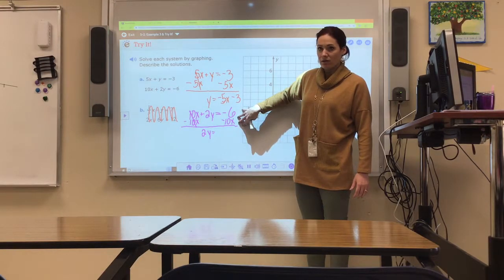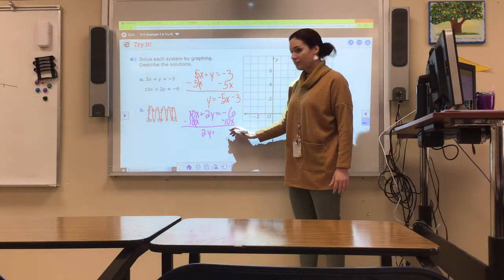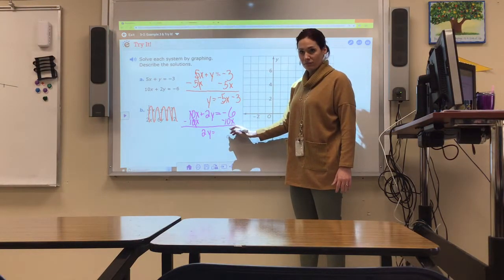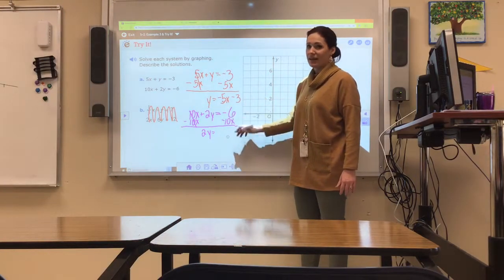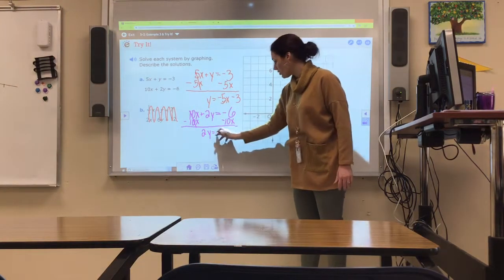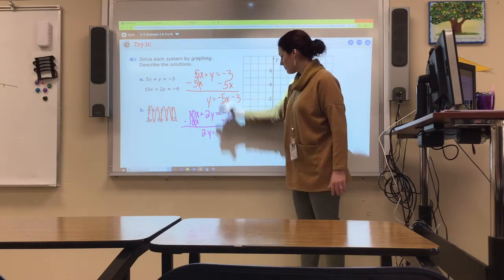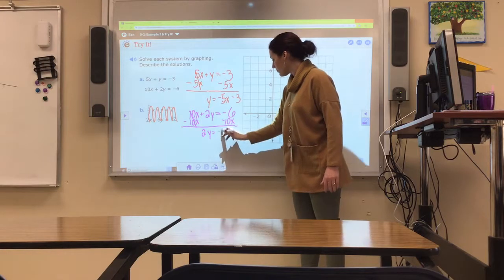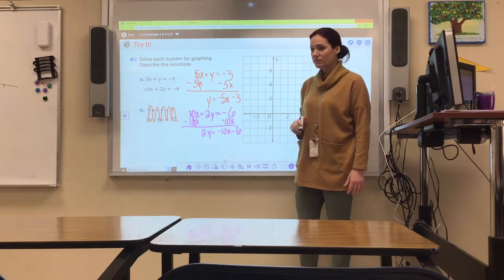Negative 6 minus 10x. Or you can do it the other way, negative 10x minus 6, but I like to put the x first so I've got my slope first. So I will have negative 10x minus 6.